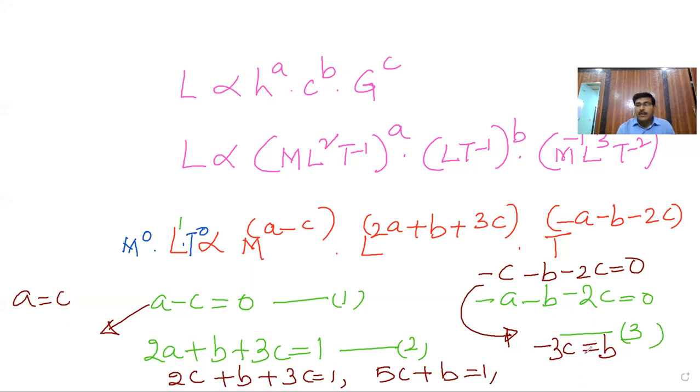So minus 3C is equal to B. Back substituting for B in this equation, observe carefully: 5C minus 3C is equal to 1.